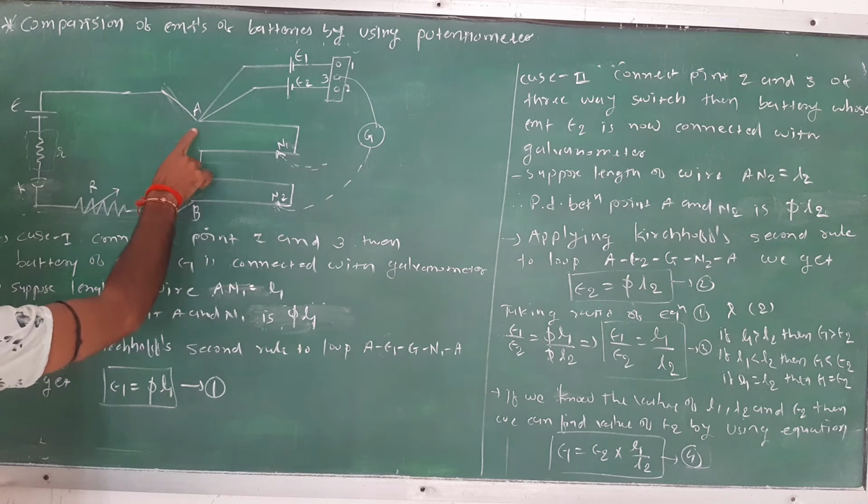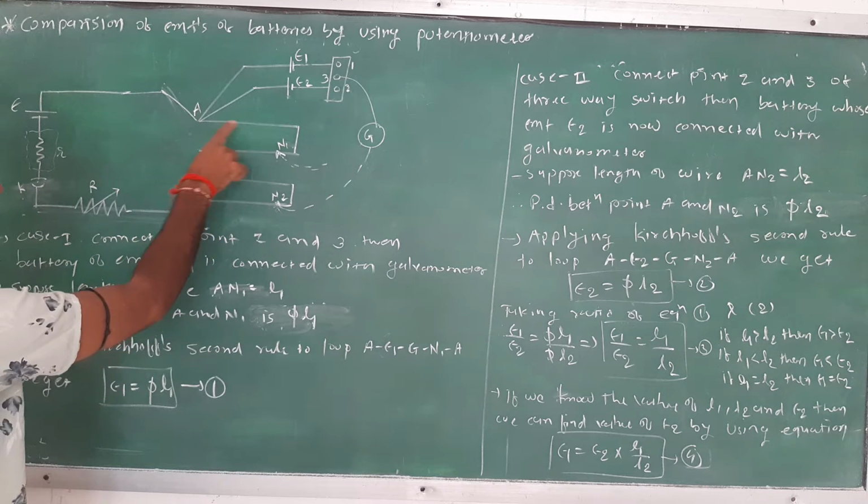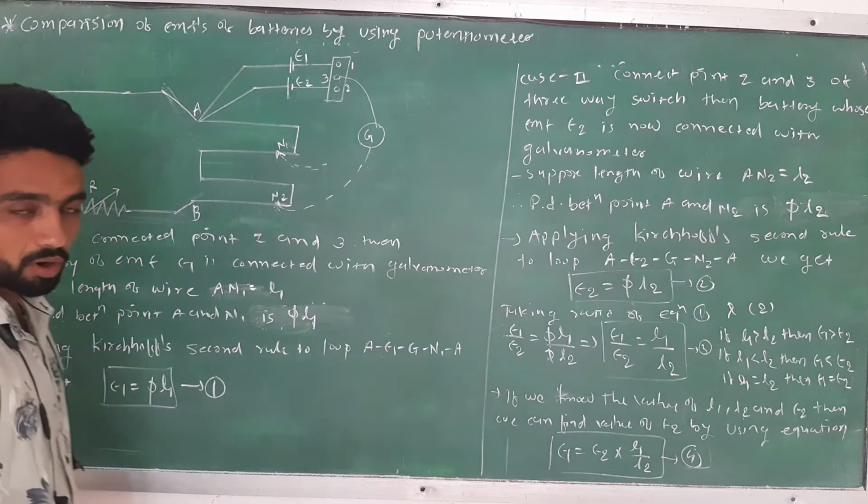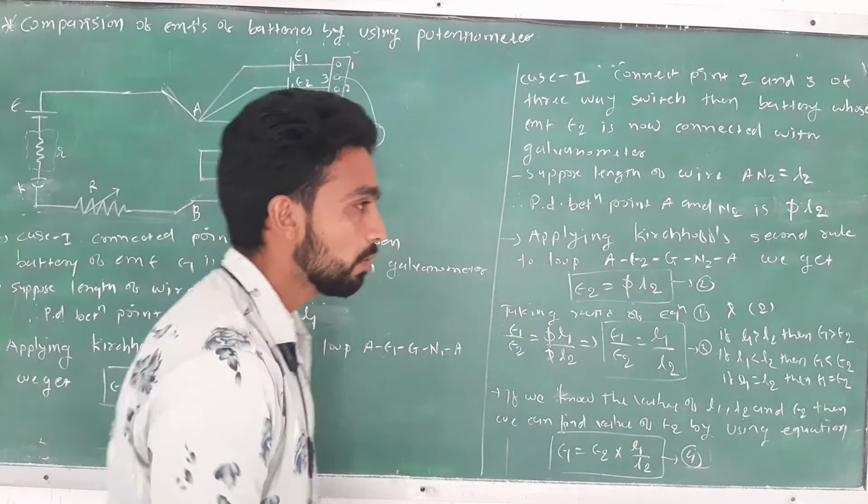First of all, you can see this is AB. This is a wire of uniform cross-sectional area.